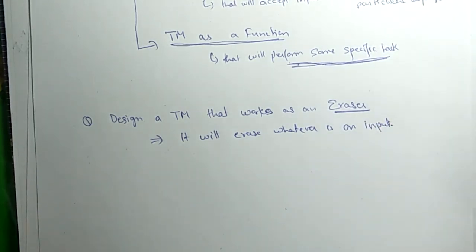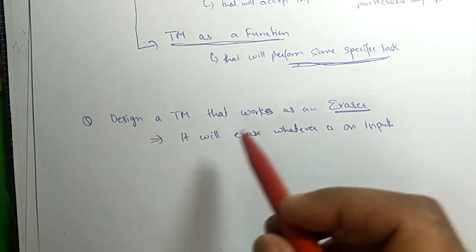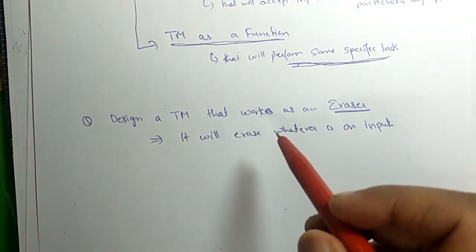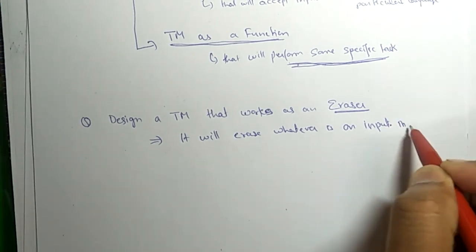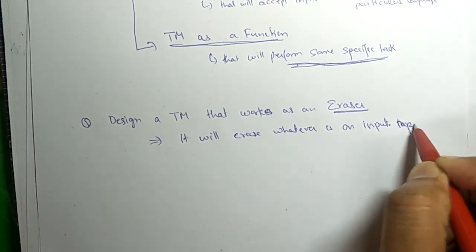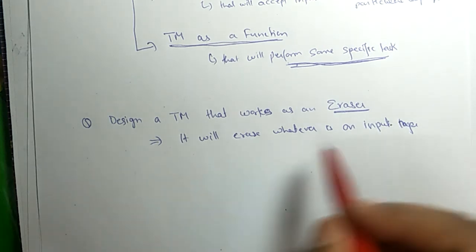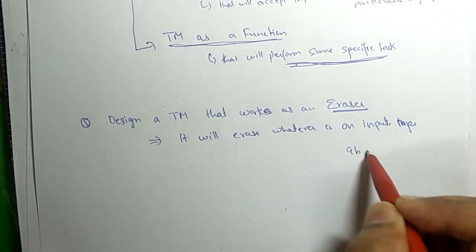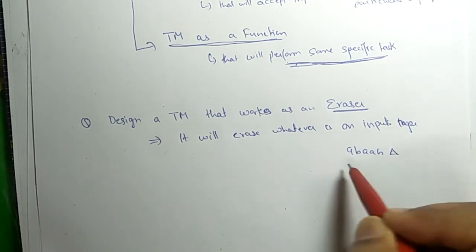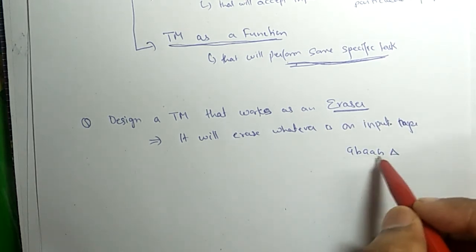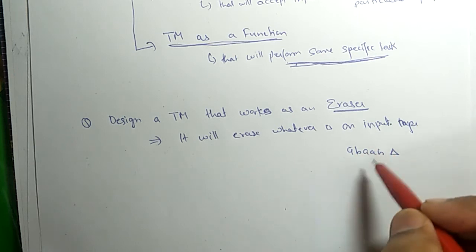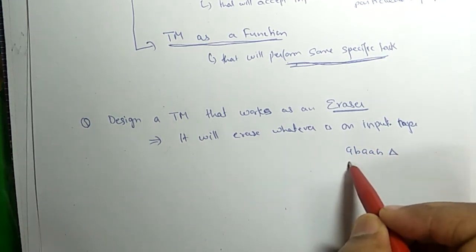Suppose we have written some string over the tape, and the Turing machine we design will erase everything over the tape. Suppose we have A B like this over the tape, and we have to remove all of it.